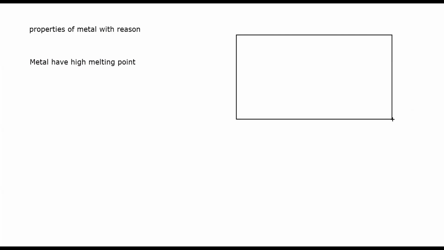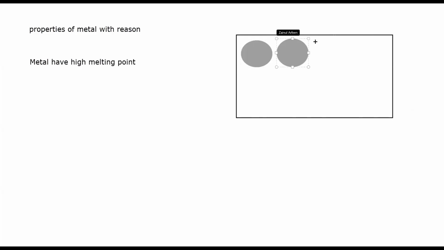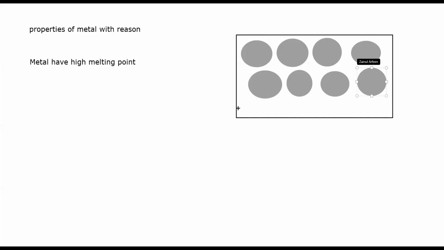The forces are stronger, and there are a lot of ions within the structure, because I told you metals have an infinite number of positive ions. These are the positive ions. I'm not drawing all of them, I'm just explaining the idea. Within the structure there are a lot of positive ions, and a strong attraction between the positive ions and the electrons.